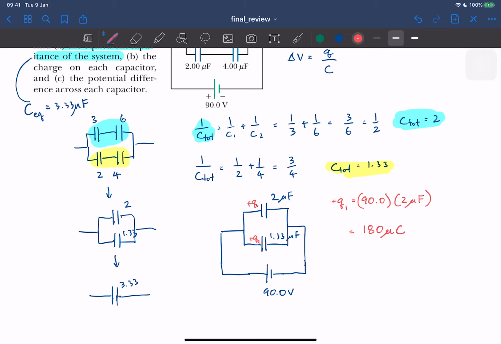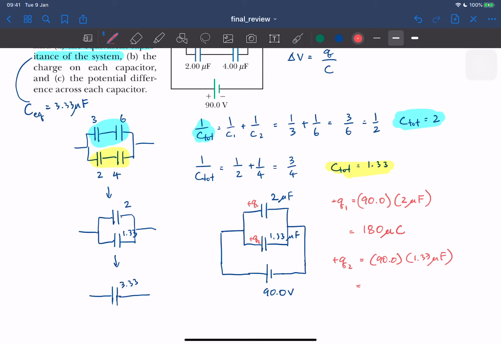And then for the second one, plus Q2 is equal to the same voltage, 90 times the capacitance, which is 1.33 microfarad in this case.